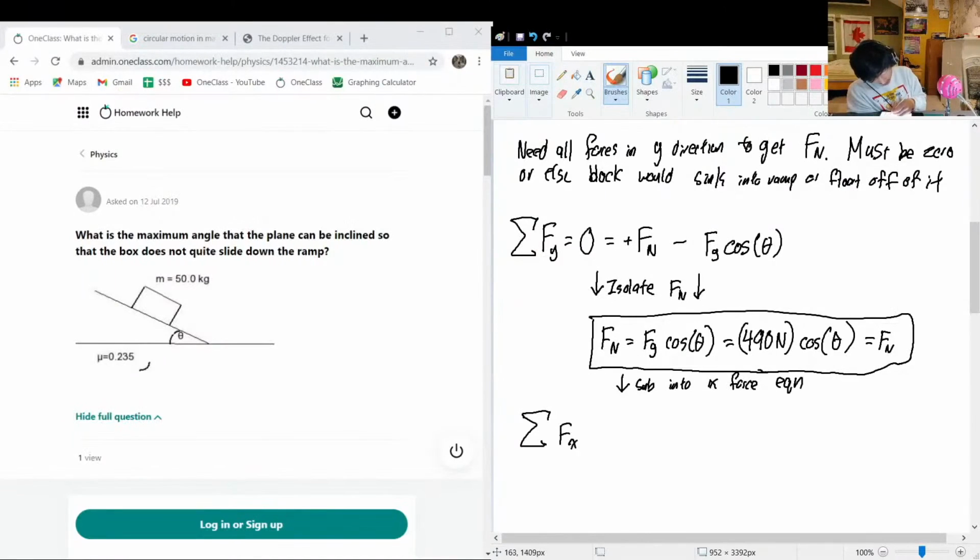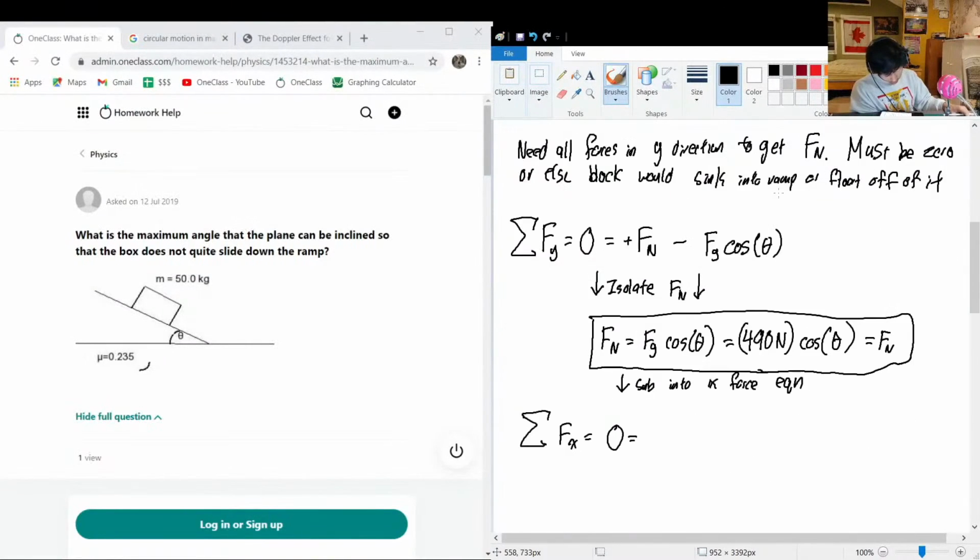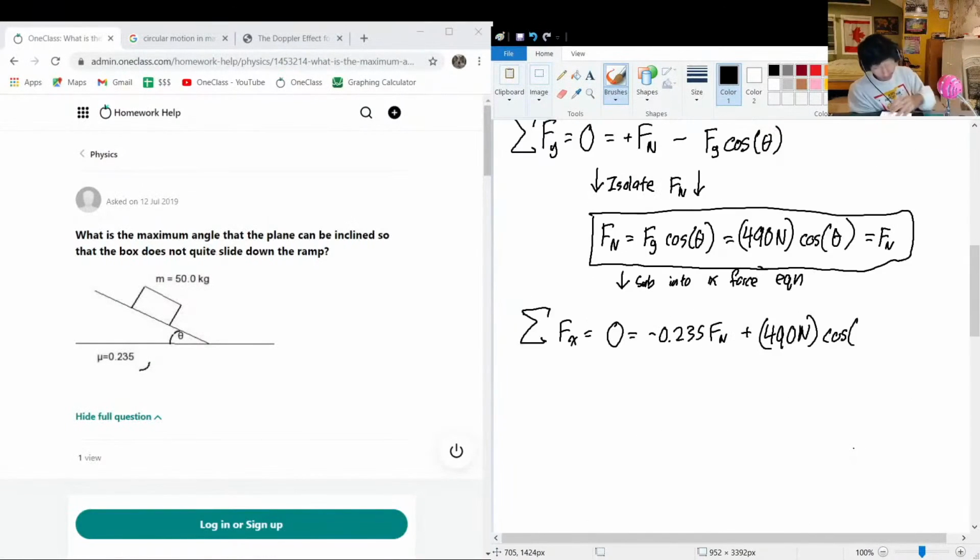So here we have Fx is equal to 0, which was equal to negative 0.235 Fn, plus 490 newtons, that was the previous Fg, I'm just putting in the numerical value, times cos. Was it cos up there? No, it was sine up there. My bad. Times sine theta. And of course, inside of here, we can sub in Fn.